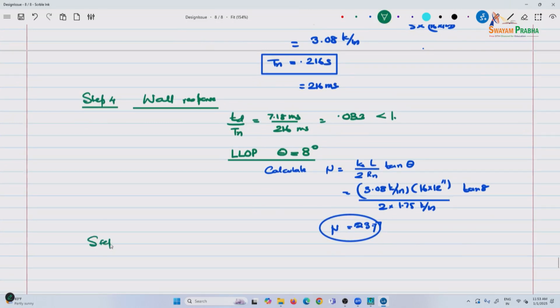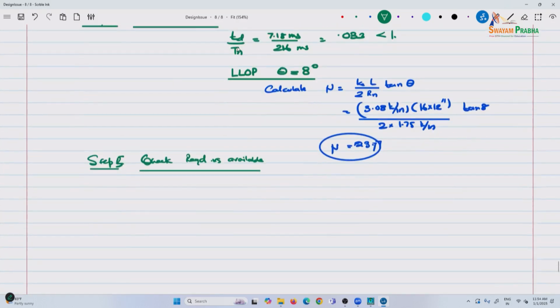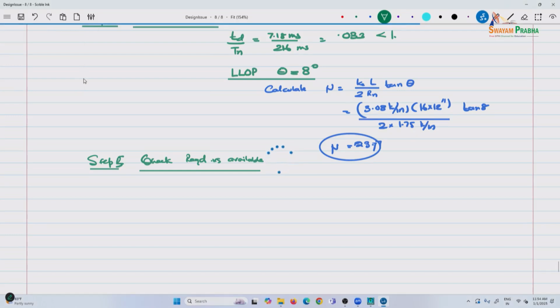Then the last step is to check required versus available. See, in all of this, clearly we do not know anything for certain.